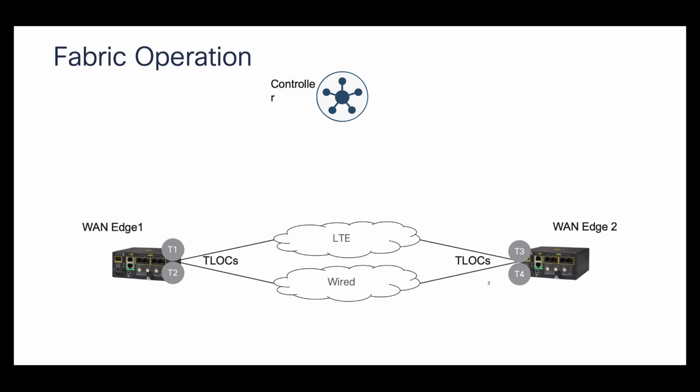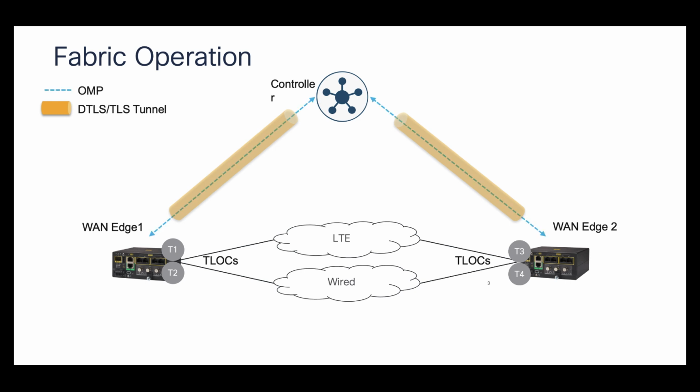So before we jump into the GUI, let's look at the setup here. We went over the T-lock numbering system. So we have T1, T2, T3, T4, and we have the controller. The first thing that happened was we formed the DTLS tunnels. We established an OMP connection for fabric routing.